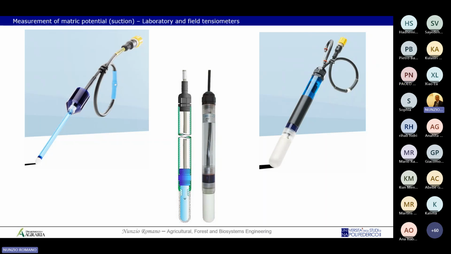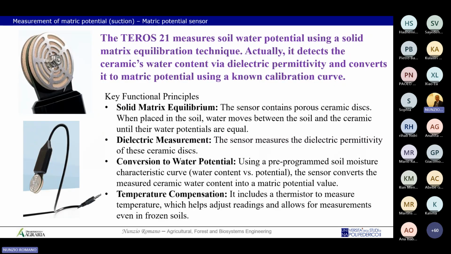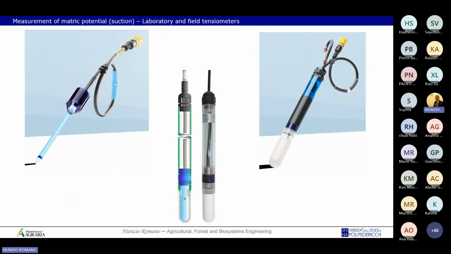Okay. If there are no more questions, very quickly, you can see different kinds of tensiometers, and one disadvantage of this kind of tensiometer is that when the soil becomes drier and drier, the water in the tube becomes lower and lower, and at a certain point you lose all the water in the tube.